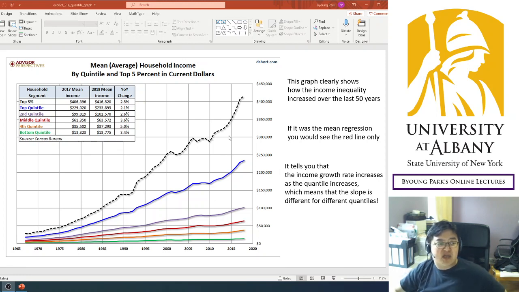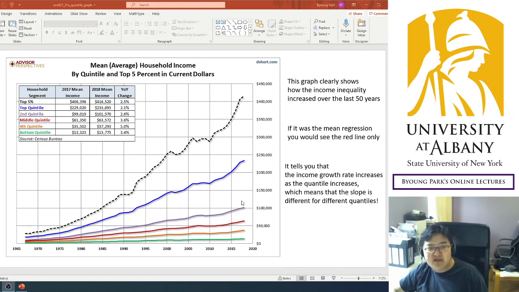So if you take the mean regression, you are going to get somewhere here, between maybe red and purple, somewhere near purple. But it is not wrong. The mean income has increased at this pace, but it is not everything in understanding the economy, and especially income inequality.